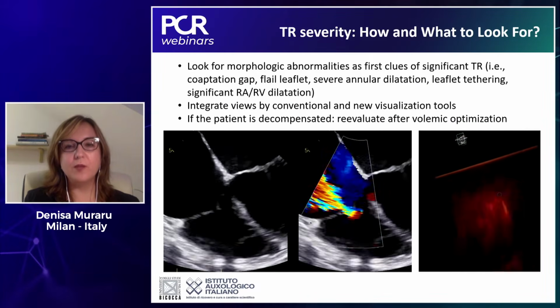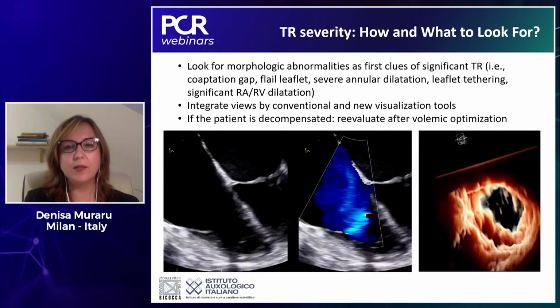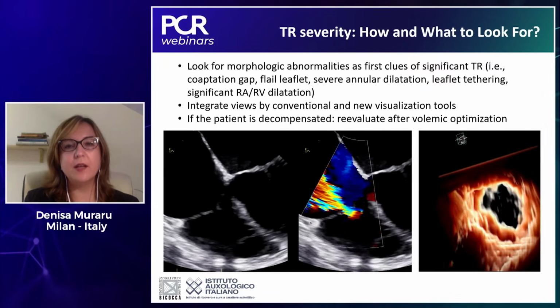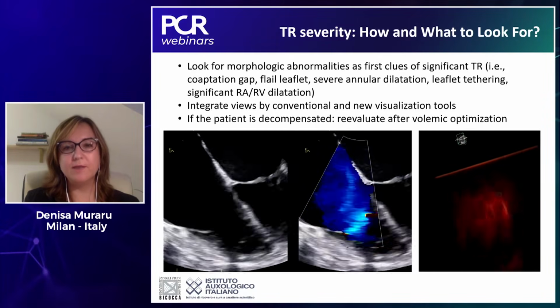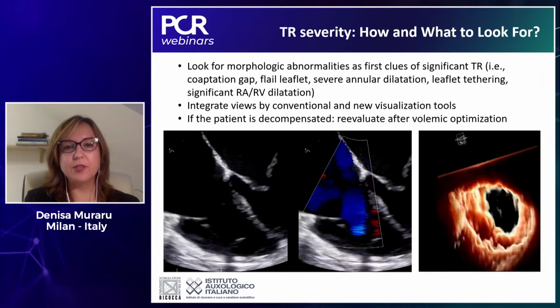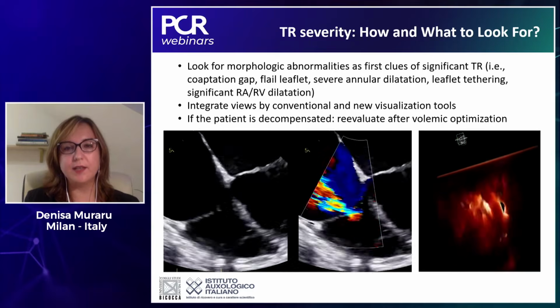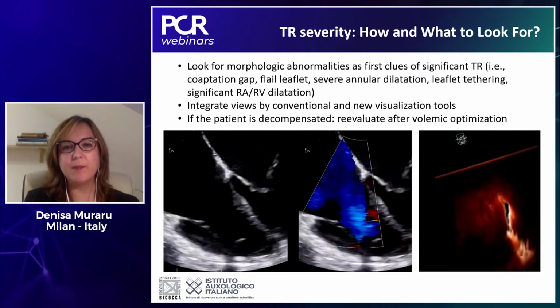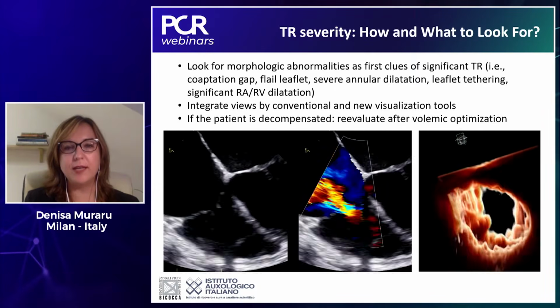Of course, when we are facing a patient with a suspected or known severe TR, first of all, we have to visually estimate the size of the regurgitant jet, but also look to first clues that the TR is severe, like coaptation gap, or if there are flail leaflet or significant right atrial or annulus dilation.